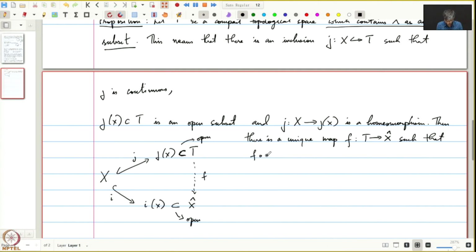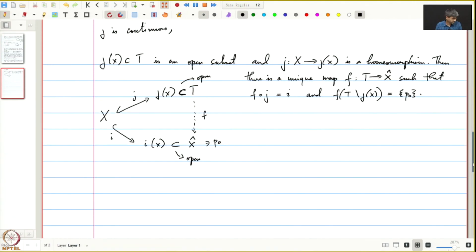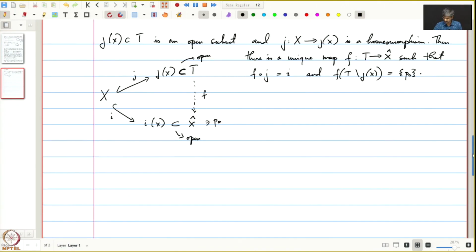F composed with J is equal to I, and F of T minus J of X is equal to this P naught. So, X hat has this point at infinity which is P naught. Okay. So, let us try to see what this means by means of an example.